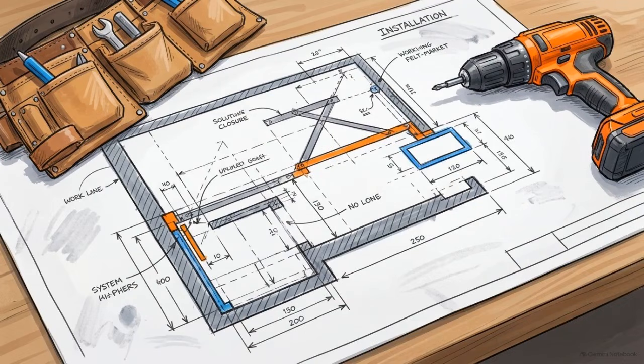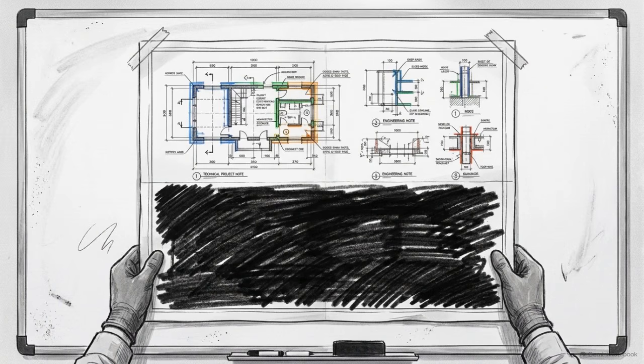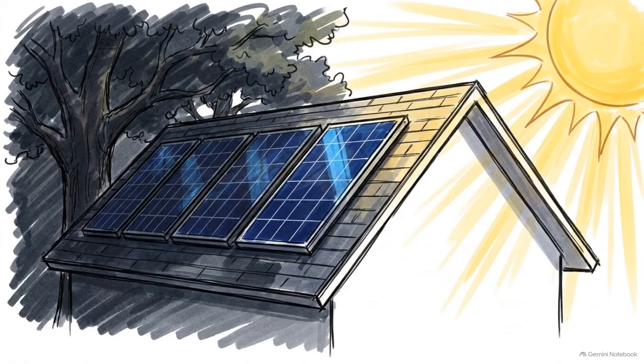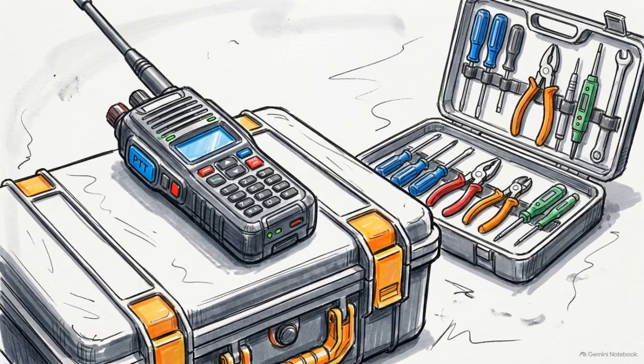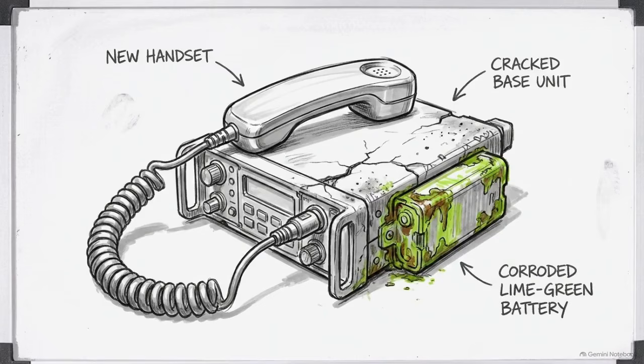The physical tasks get executed exactly as written, but the logic and intent behind the design never make it to the implementers. An installer mounts solar panels on the wrong side of the roof because they were never told about the specific carbon target driving the design. When a team bypasses the first 3 quadrants and jumps directly into Quadrant 4, they achieve something highly counterproductive: the expensive, flawless execution of the wrong plan.